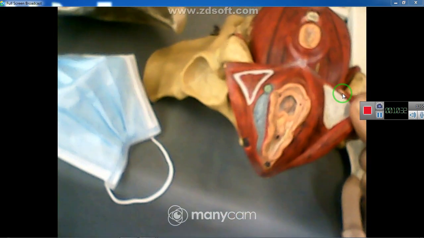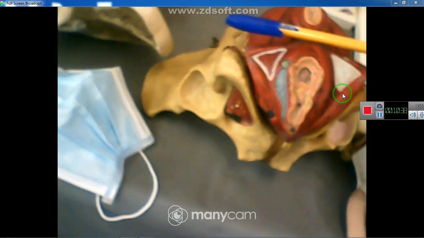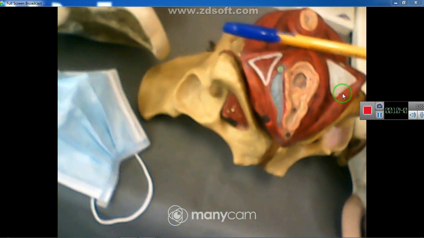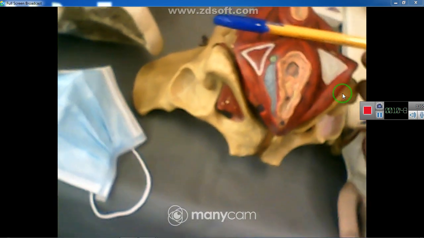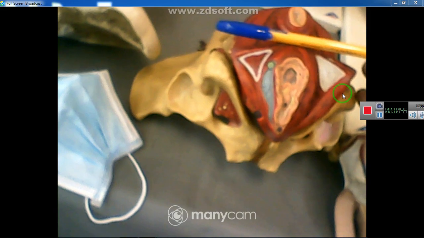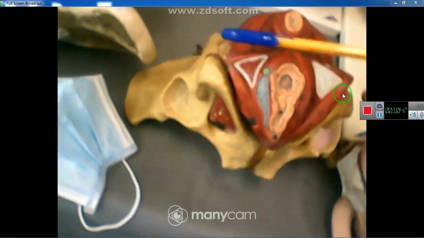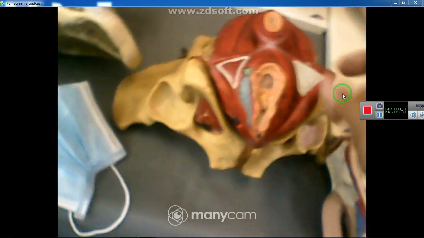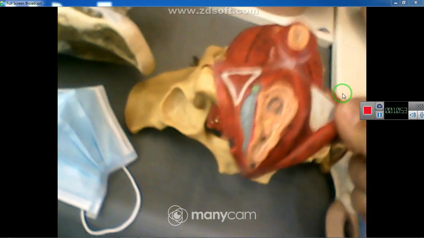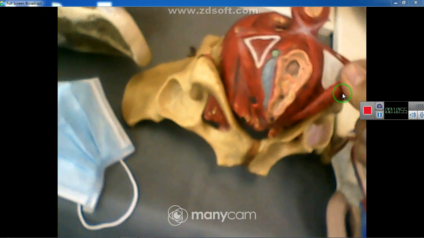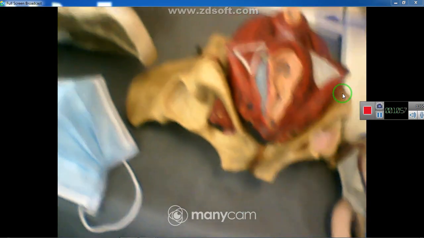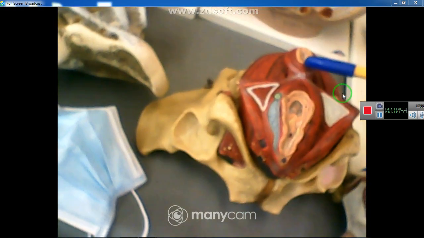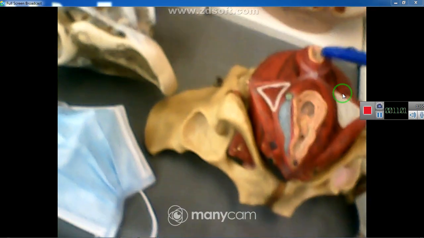The manufacturer now divided it into an anterior triangle. The posterior triangle contains the anal canal. Although the anterior triangle is represented as triangular, the posterior triangle, which is the anal triangle, here we can see that the manufacturer of this model did only the anal canal.